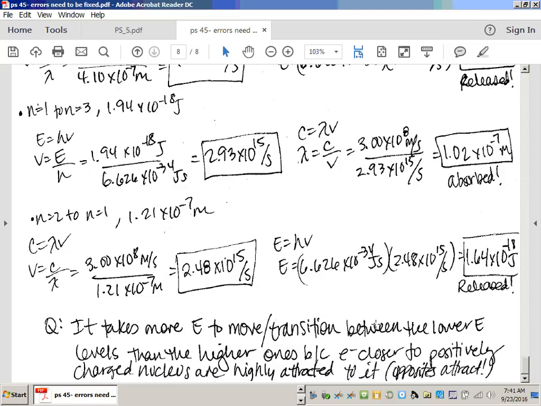Let's call that energy level 3, let's call this energy level 2. Energy level 1's way in here. So you've got a big drop from the lower ones versus a little drop in the upper ones. So that releases a lot more energy, because as you get closer to the nucleus, the electron becomes much, much more stable.